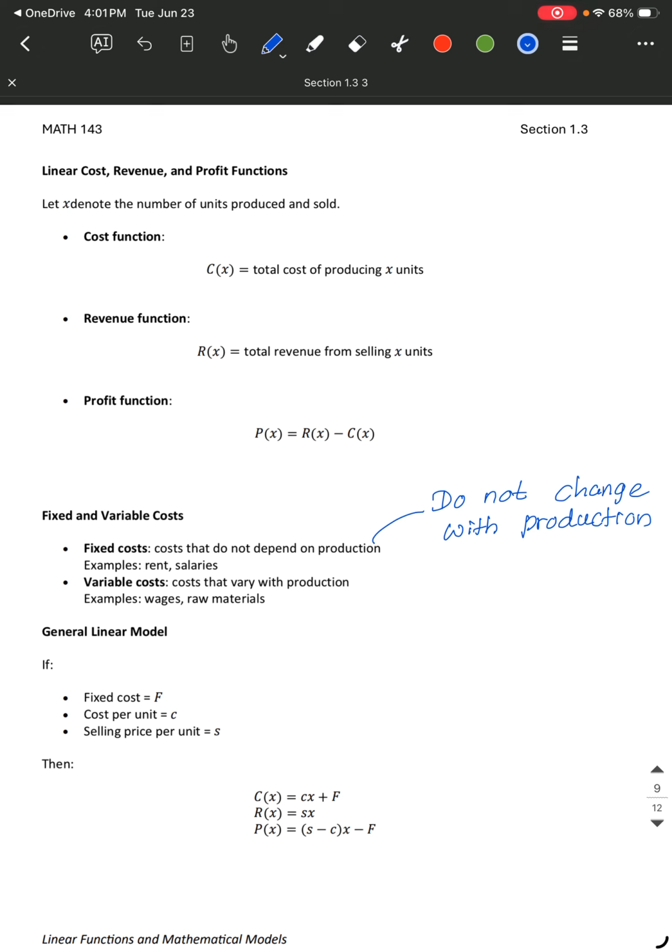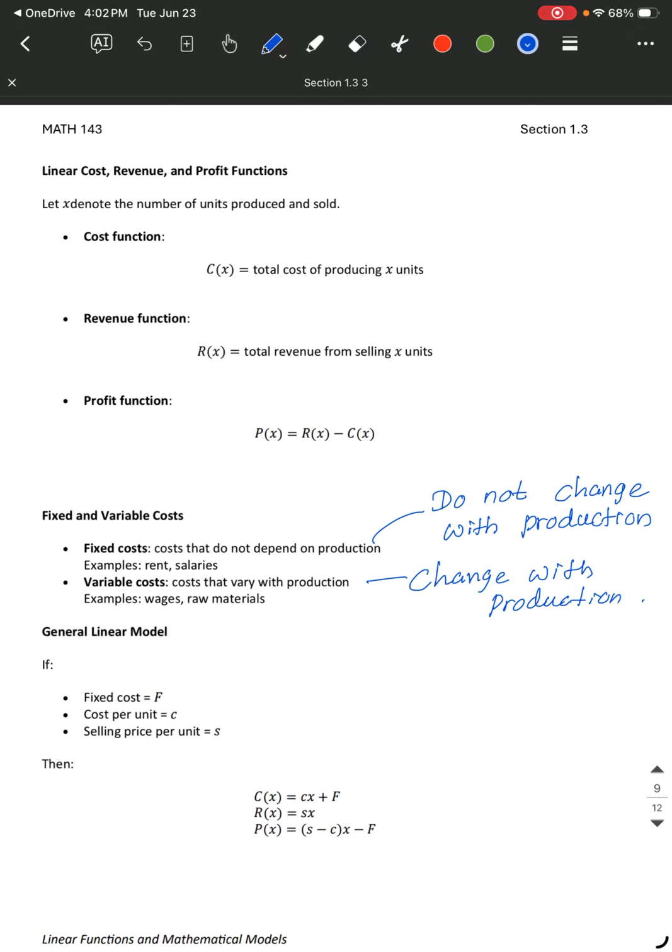Also, the variable cost. These are the costs that change with production. What are the examples? Materials, labor cost, packaging cost. So the more units produced, the larger the variable cost becomes. When we produce more and more units, the variable cost becomes very large. Okay. Then we want to define the number of units produced and sold.